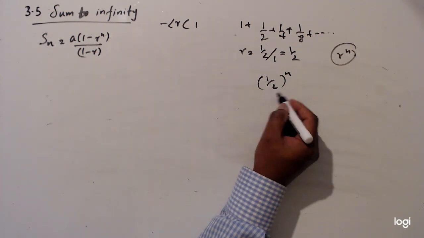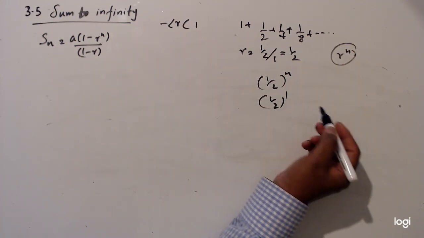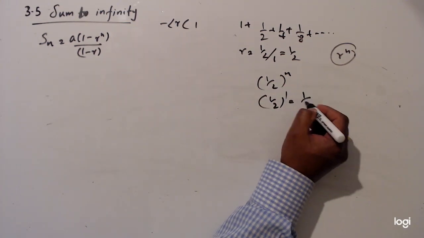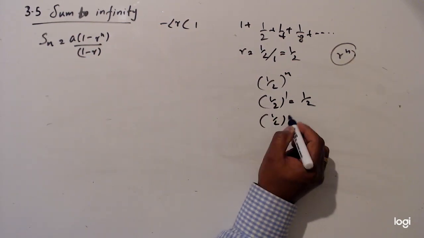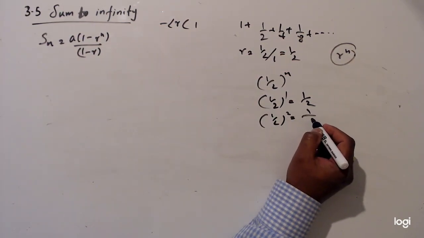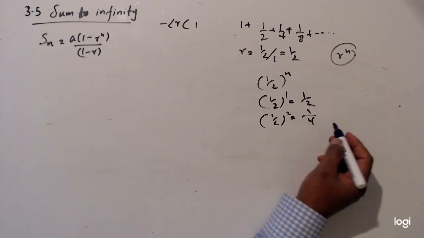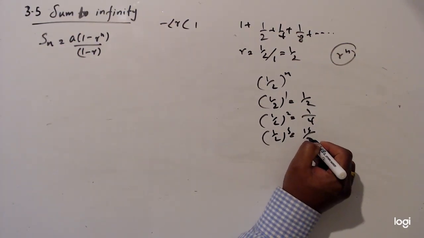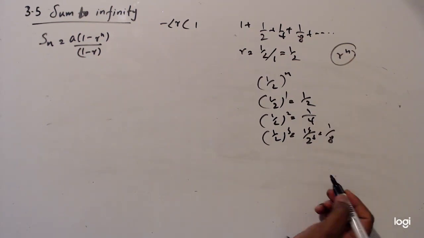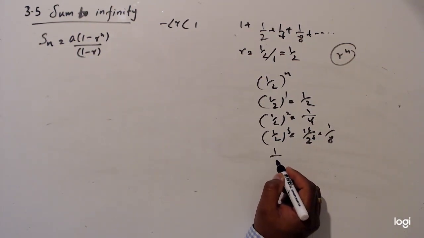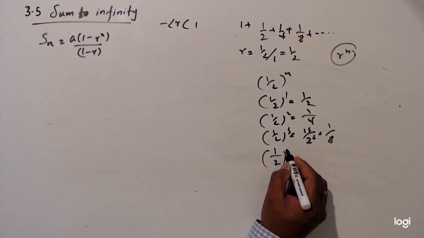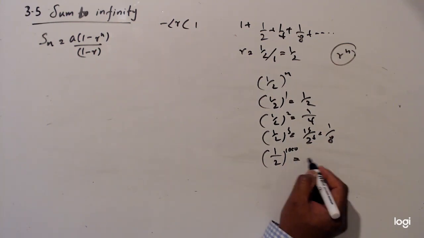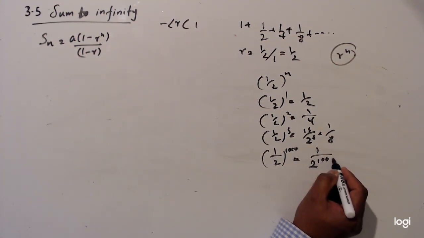Let me discuss half to the power 1, that is half. Half to the power 2 is 1 over 4. Half to the power 3 is 1 over 2 cubed, that is 1 over 8. Half to the power 1000 is 1 over 2 to the power 1000.